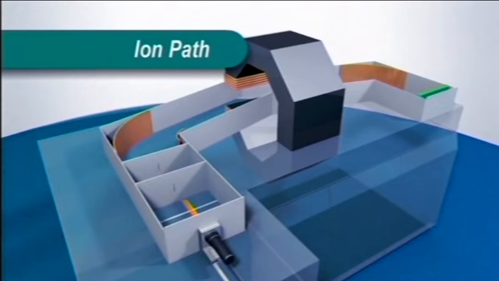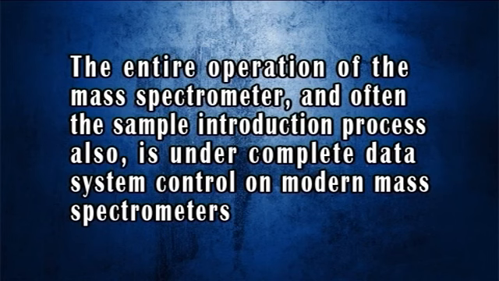The analyzer and detector of the mass spectrometer and often the ionization source too are maintained under high vacuum to give the ions a reasonable chance of travelling from one end of the instrument to the other without any hindrance from air molecules. The entire operation of the mass spectrometer and often the sample introduction process also is under complete data system control on modern mass spectrometers.